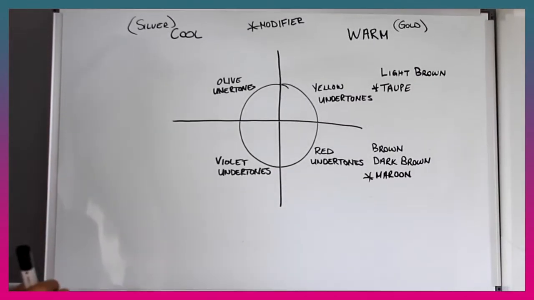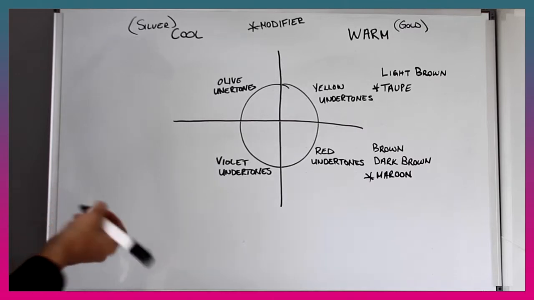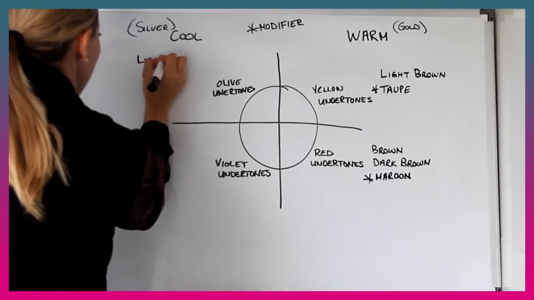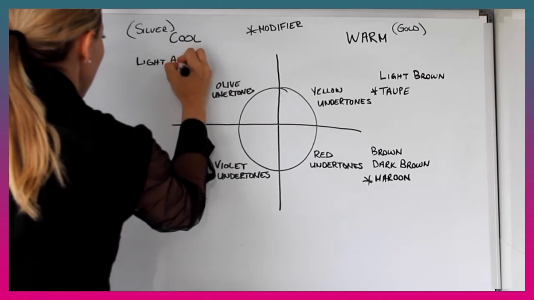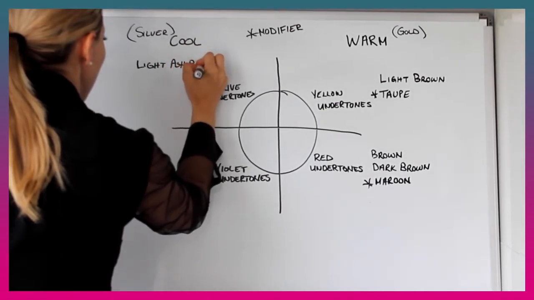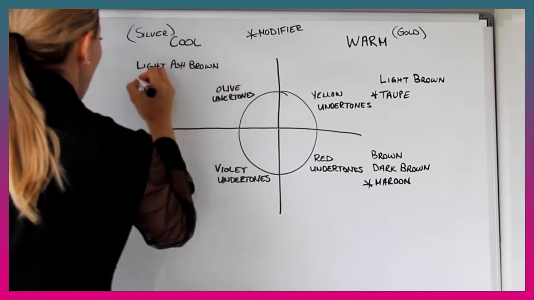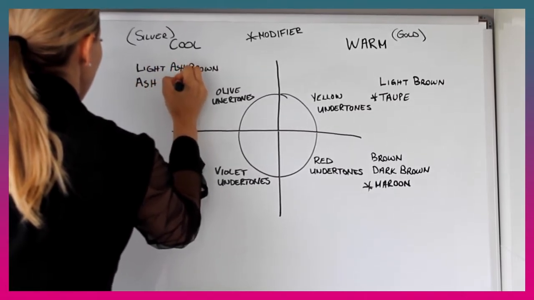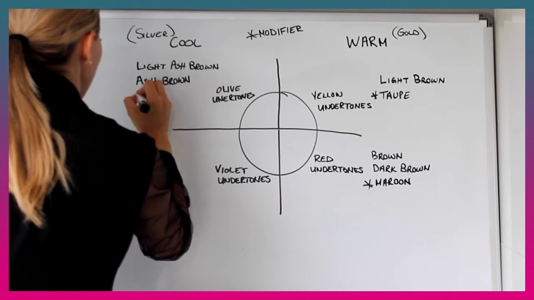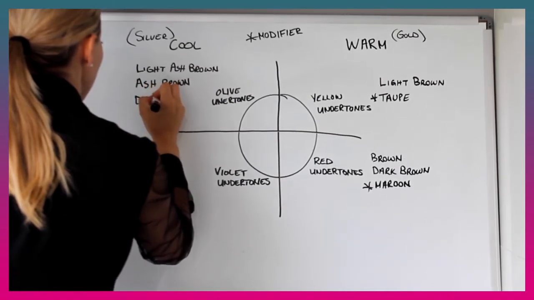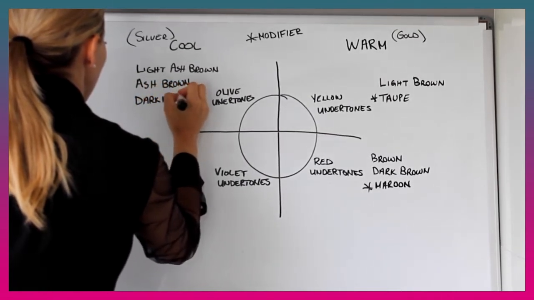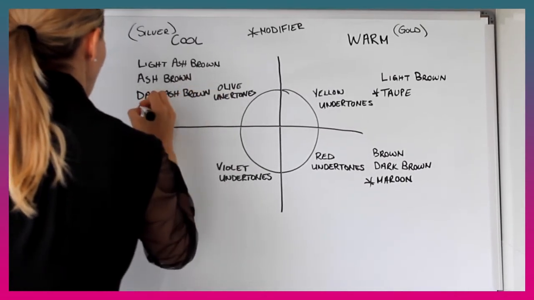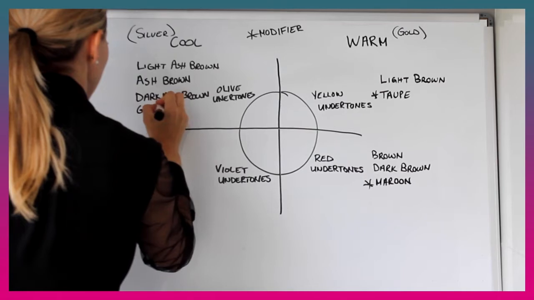Our cool pigments with olive undertones: light ash brown, ash brown, dark ash brown, and green brown.